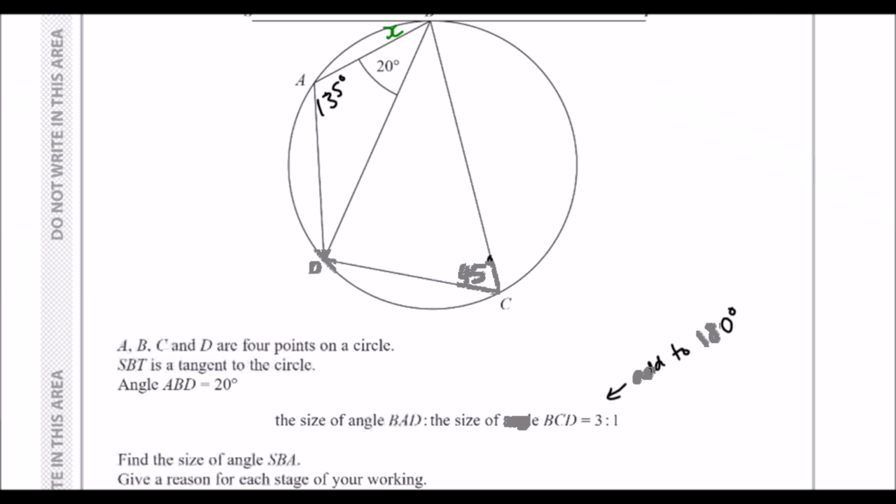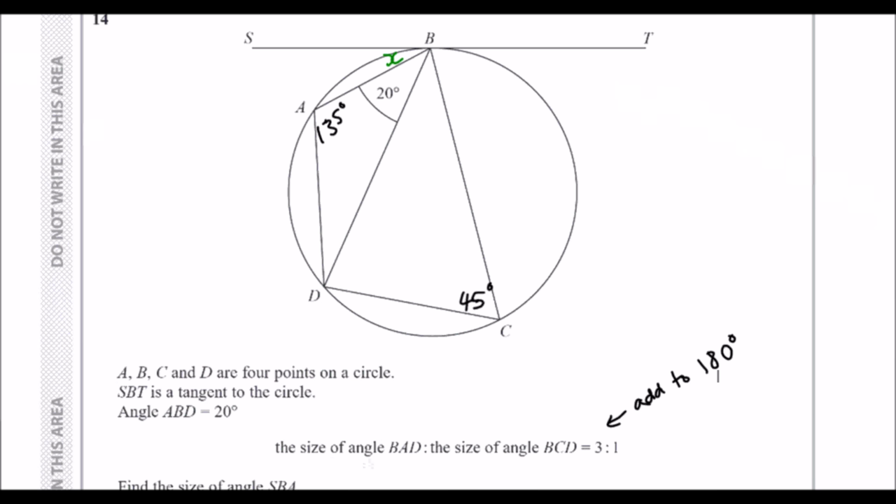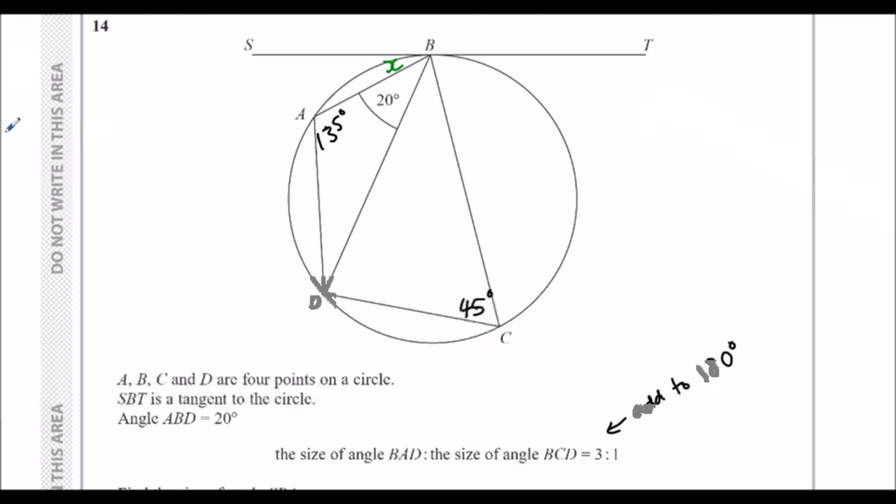We could now use angles in a, well, we don't even have to. We could use the alternate segment theorem. So we've got a triangle in a circle that meets a tangent. So this red angle here, SBD, so this whole angle here, SBD, is the same as 45 degrees.